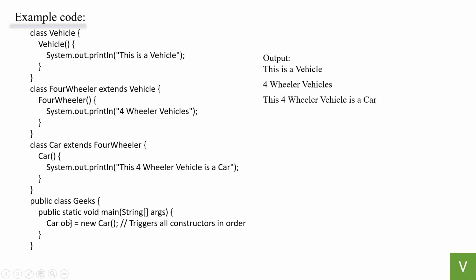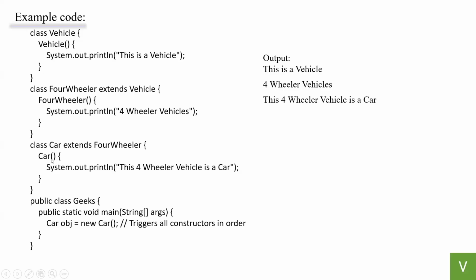As I said earlier, the execution of the program starts from the main function, which is in class geeks. In the main function, we created an object: car obj is equal to new car. Whenever the object is created, memory is allocated. If I access obj dot car, then the car has the properties of all its parent classes.